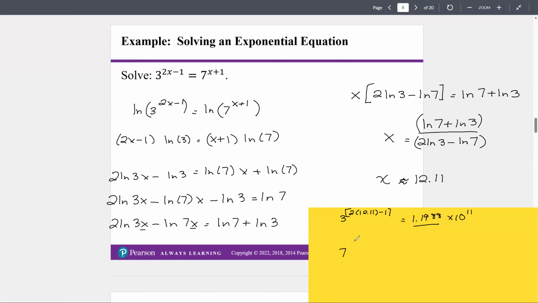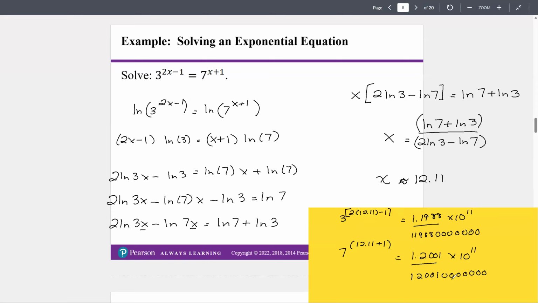And then we have 7 to the 12.11 plus 1, which is going to be 1.2001 times 10 to the 11th. So they're both 10 to the 11th. So that means it's really going to look like 11988, so I got 11 digits, and this one's going to be 12001, also 11 digits.